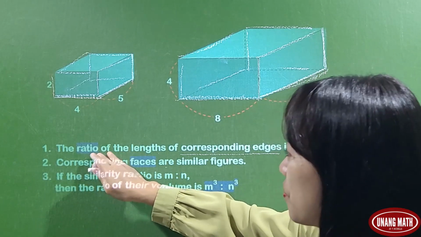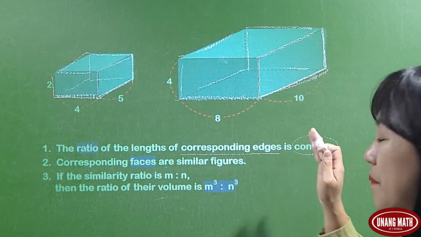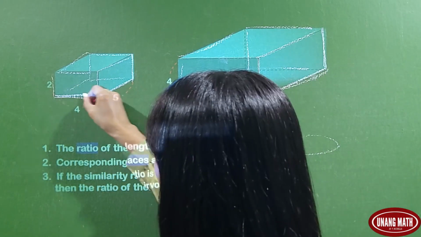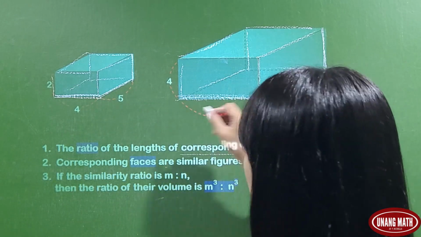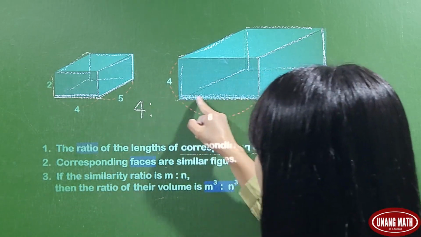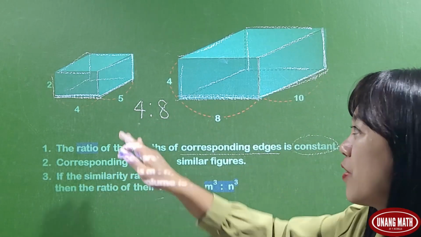The ratio of the length of corresponding edges is constant. What does it mean by this? These are corresponding edges. This measures 4 and this is 8. So the ratio is 4 is to 8.